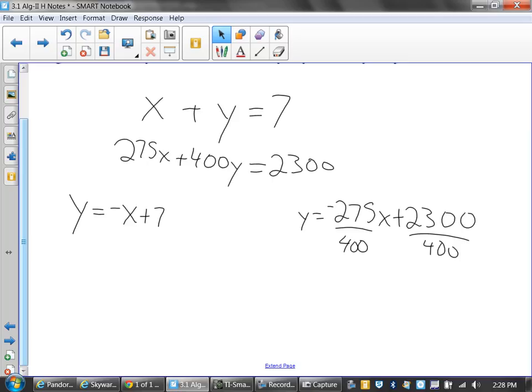So all I have to do is type in negative x plus 7, and then for the other graph I do negative 275 over 400, x plus 2,300 over 400. I'm of the old school, I usually use parentheses if I'm doing it by hand on my own calculator, because alpha y equals is too many buttons. Graph it. You should still be able to see this on your graph. If you can't see it on your graph, it means you just have to move your window.